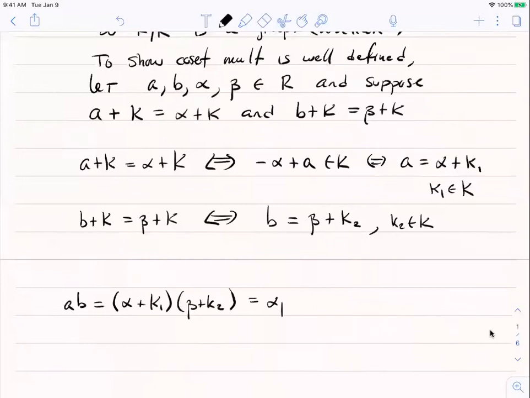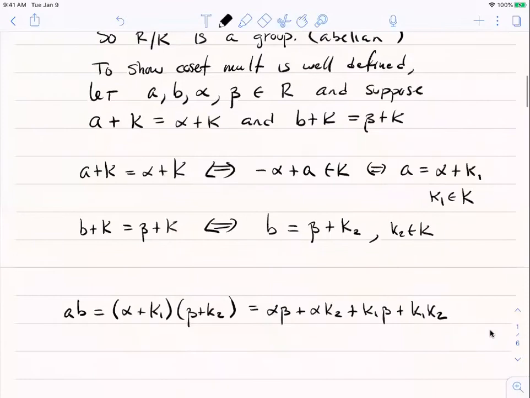But I've got alpha times beta. I'm going to get something that looks like alpha times k2. I'm going to get something that looks like k1 times beta. And I'm going to get something that looks like k1 times k2. The usual binomial expansion.